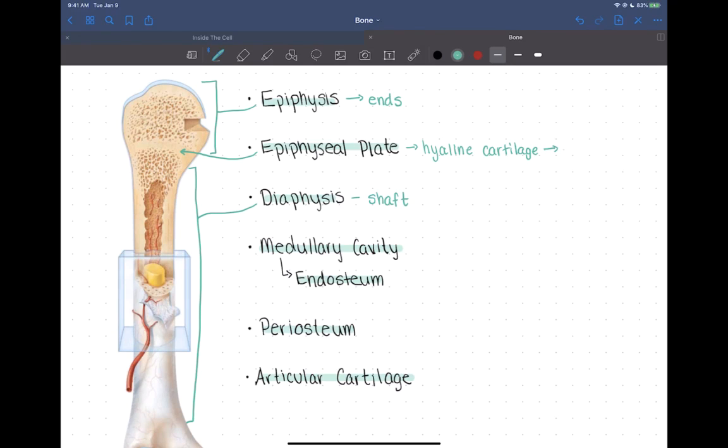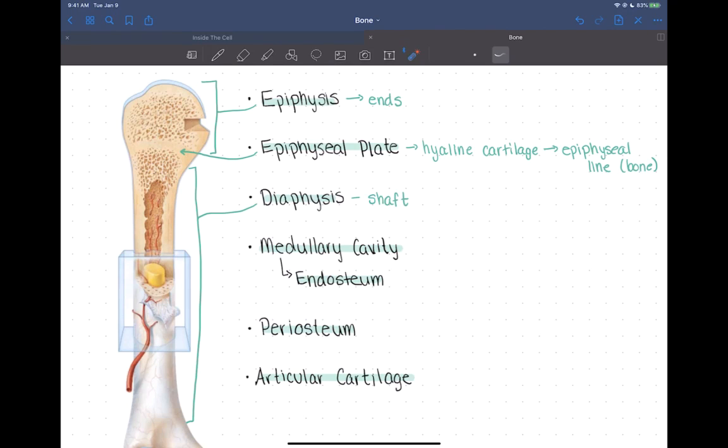So it changes after you finish growing. It's cartilage when you're growing, and after you're done growing, that cartilage just becomes bone. So on this picture, what they're showing us is an epiphyseal line because it's made of bony tissue.